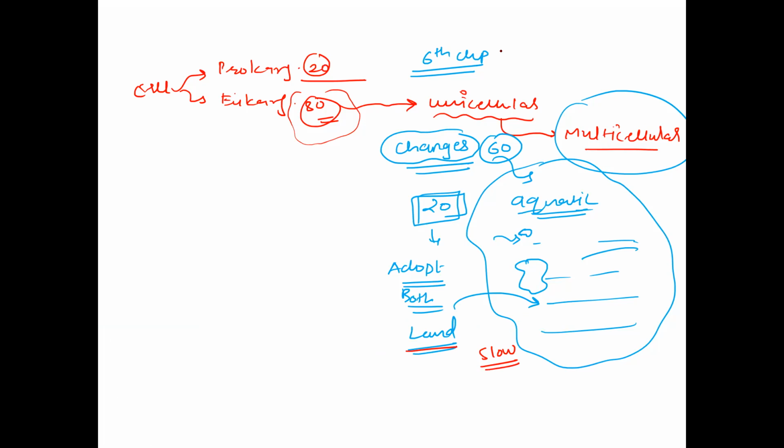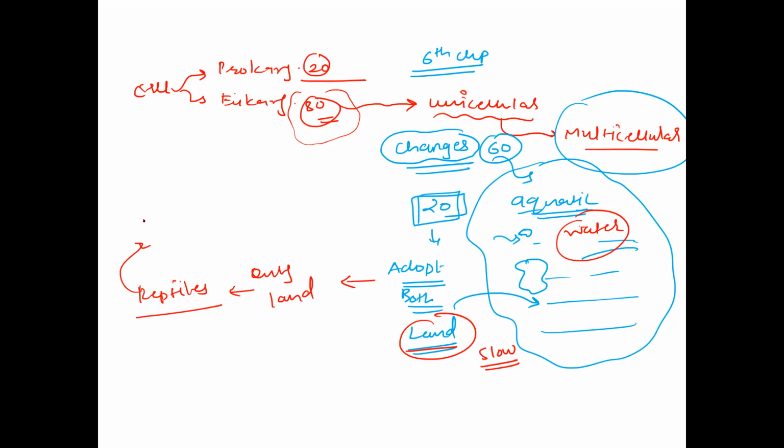So look what happened here. Here you have all the aquatic, living in the water. Then here you have living on land as well as in the water. Then you have living only on land. Then you have reptiles, which are crawling, and the next we have the mammals, and in between we have the birds, aves.